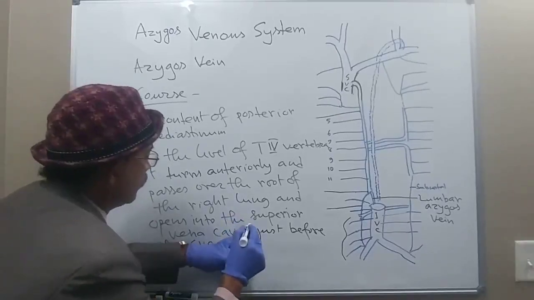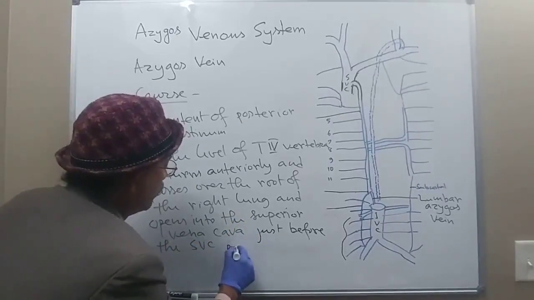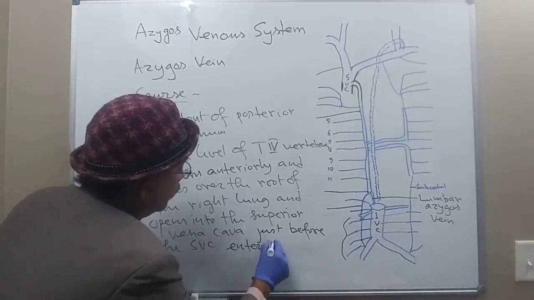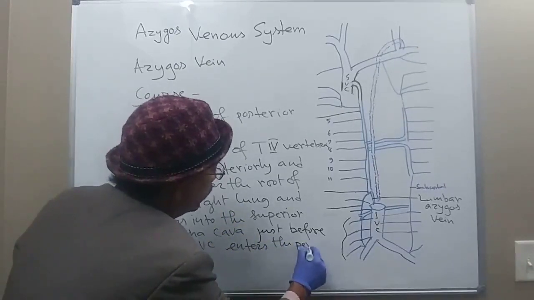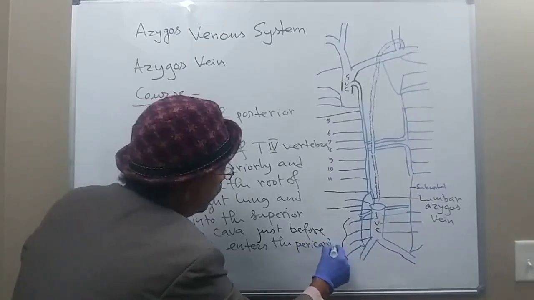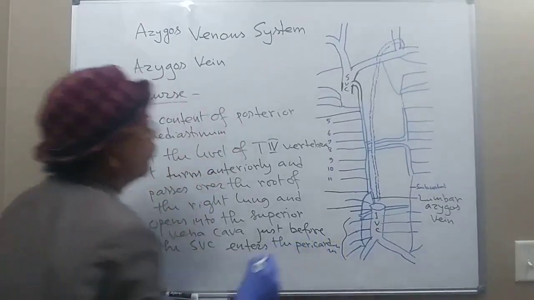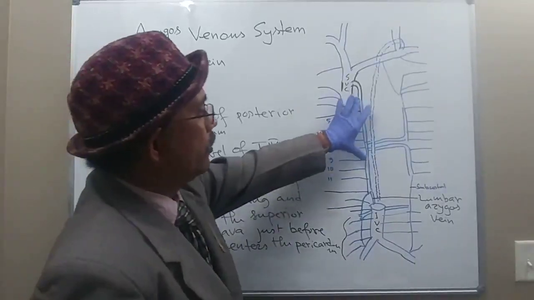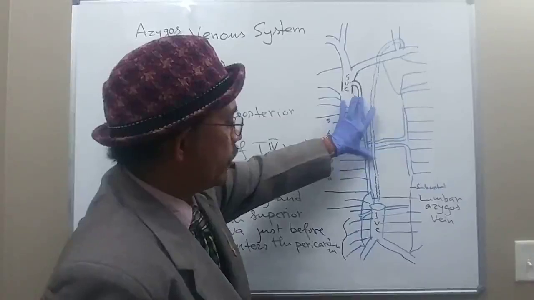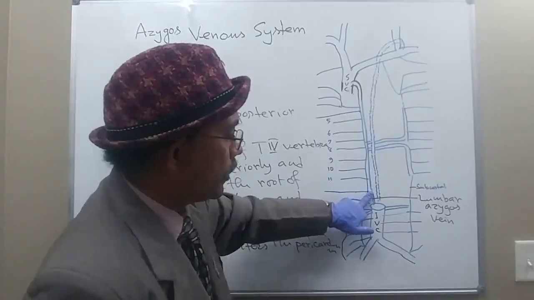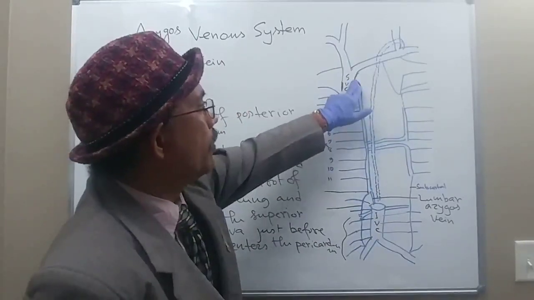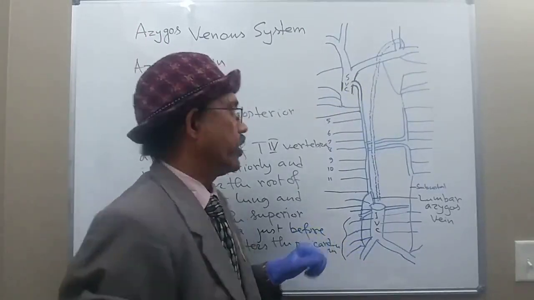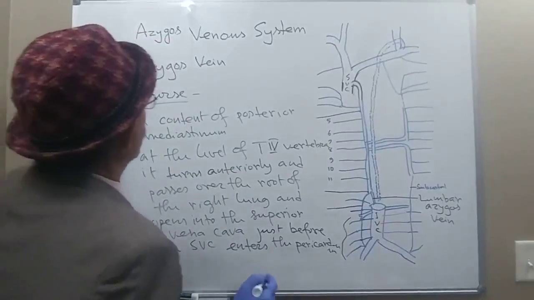Okay, we got the course. So this part is a part of the posterior mediastinum. This part is a part of the abdomen. This terminal part is the content of the middle mediastinum.